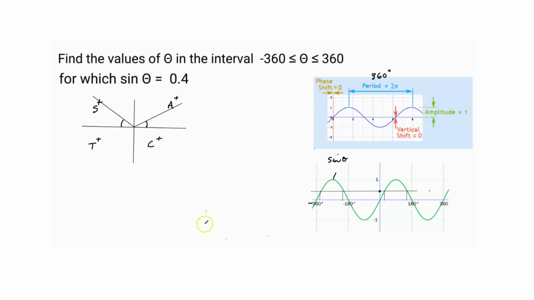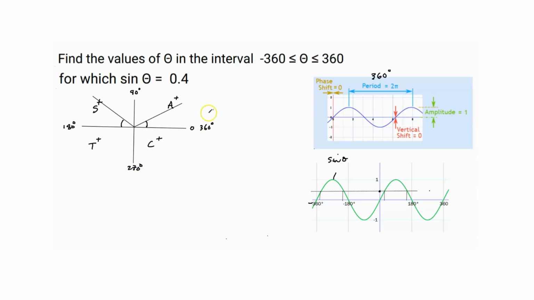Now let us quickly illustrate the possible solutions that we could have between the range that is given here. So let us look at the positive values first. Here, 0 or 360 degrees would be here. That would be 90 degrees. That would be 180 degrees. And that would be 270.